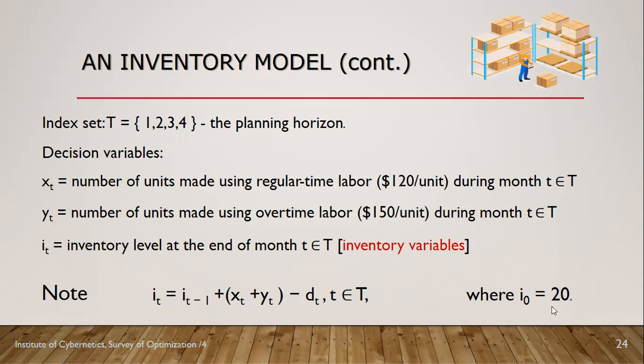Now recall that in the input information, the initial inventory level is 20 units. 20 units is not a variable, it's a fixed value. So therefore, let's see how we will compute the inventory level for each consecutive month.